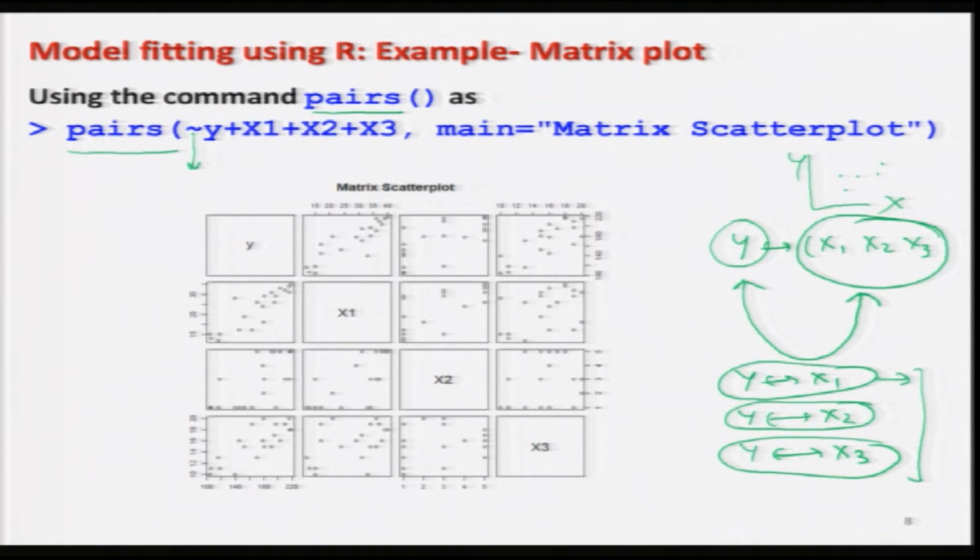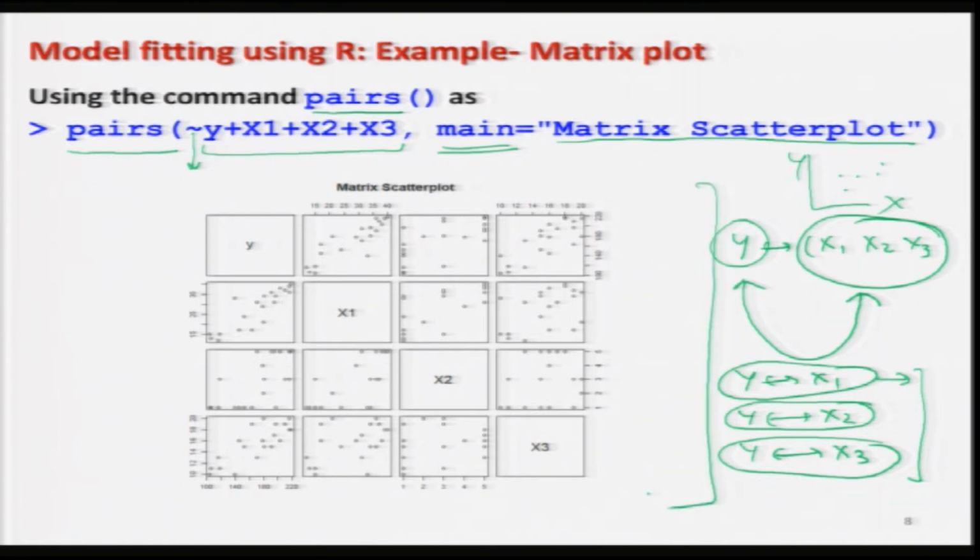I am choosing here y, x1, x2, x3. There are 4 variables, expressed like this: y plus x1 plus x2 plus x3. And this option here is main. This is used only to give the title to the main graphic. So, I am giving here the name matrix scatter plot. And if you execute this on the R console, you will get a picture like this one.